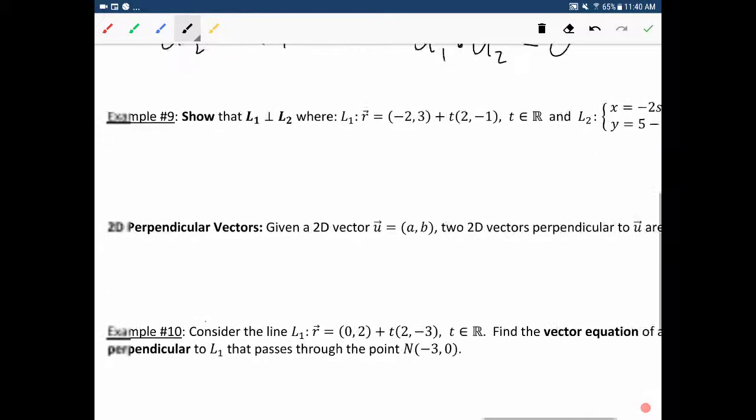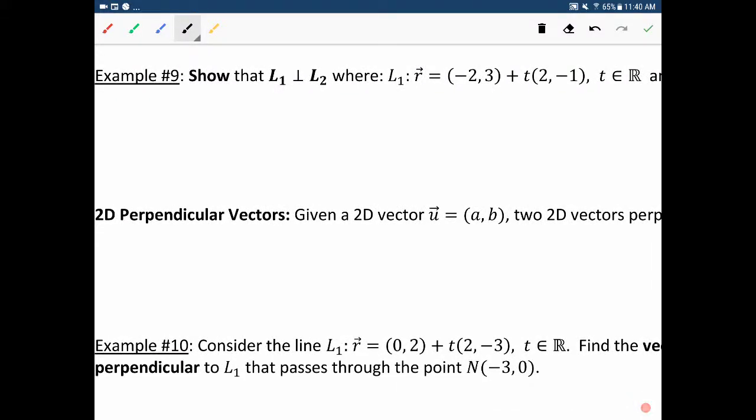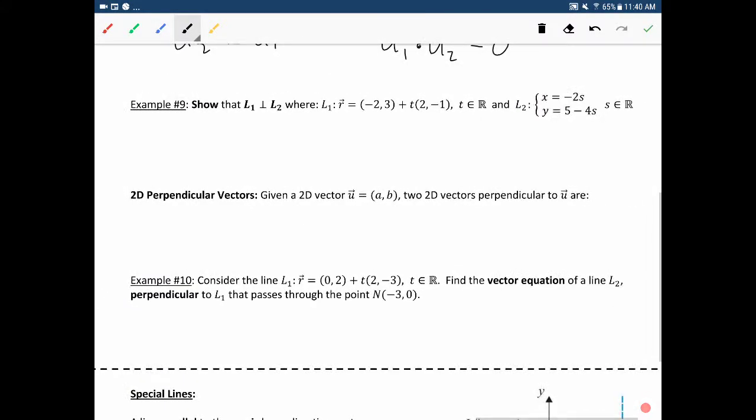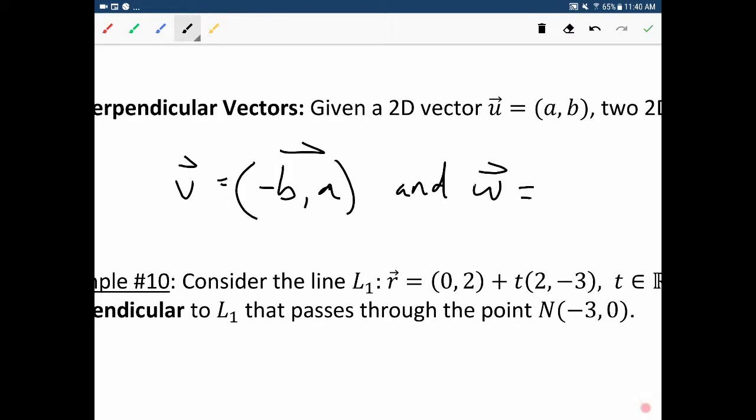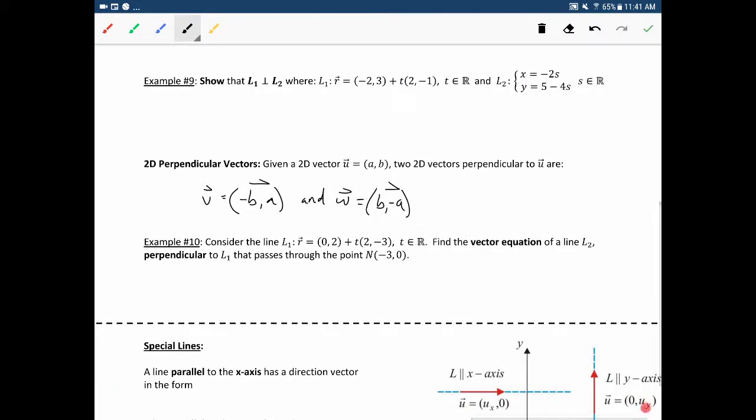An example of vectors in 2D that are perpendicular to u, we'll call it v, would be negative b, a. You can test these if you don't believe me; they will give a dot product of 0. You can also have b, negative a. Those are two examples of perpendicular vectors.